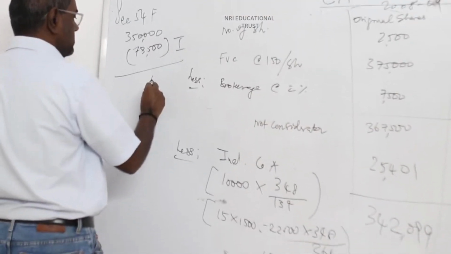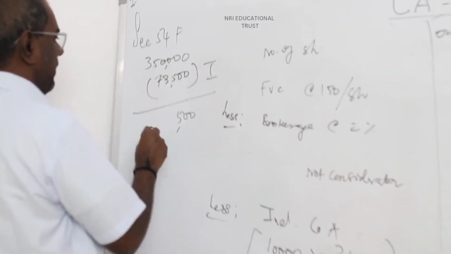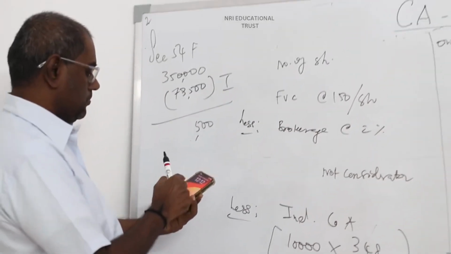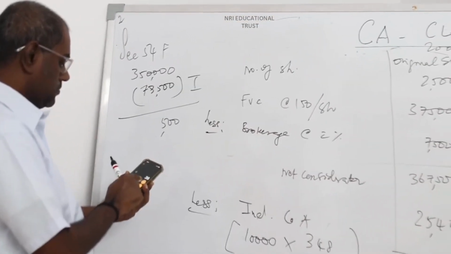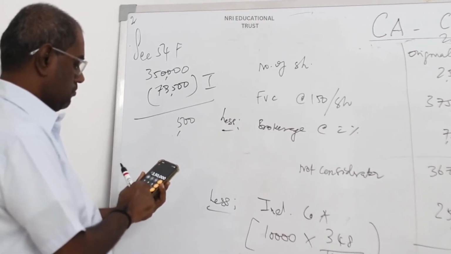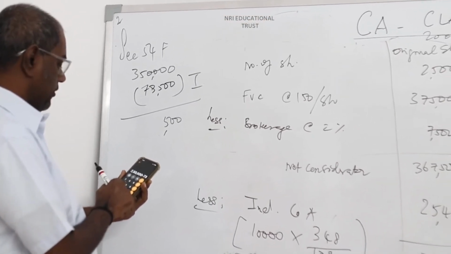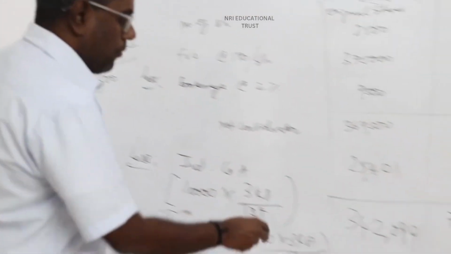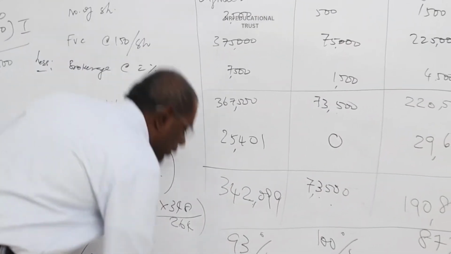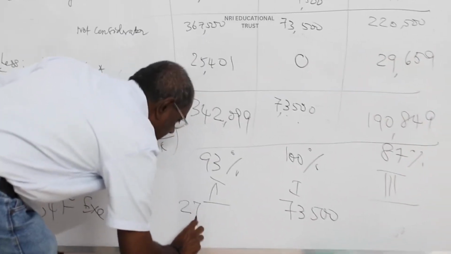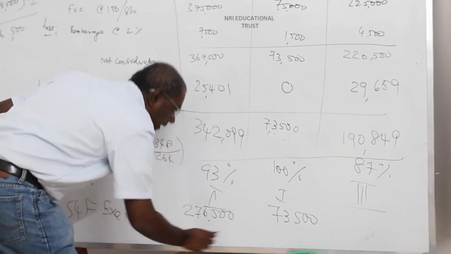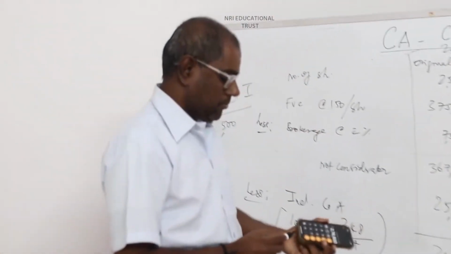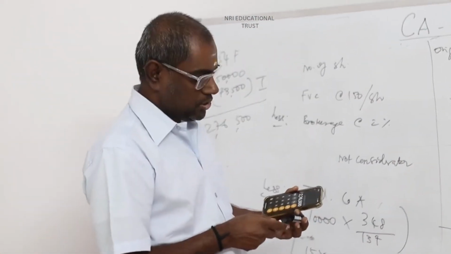So how much balance is available for the second rank? 3,50,000 minus 73,500 we have already utilized, so 2,76,500. So we can utilize 2,76,500 here. Here we cannot utilize any exemption. That's what this problem is.